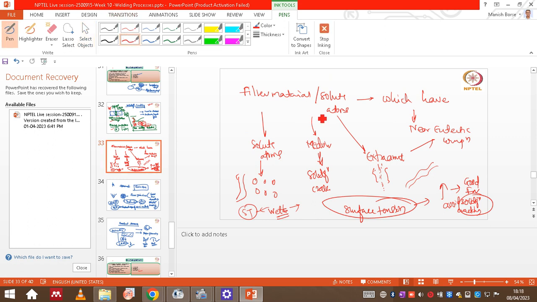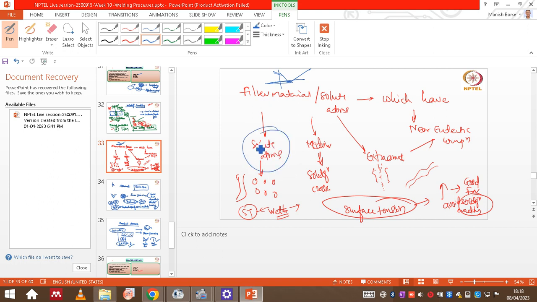In order to avoid that, it is necessary that we first use compositions which are near the eutectic. But in certain cases, if it is not near the eutectic, we have to add certain elements so that the solidification range will be narrowed down, or the composition of the material will shift near to the eutectic, right?